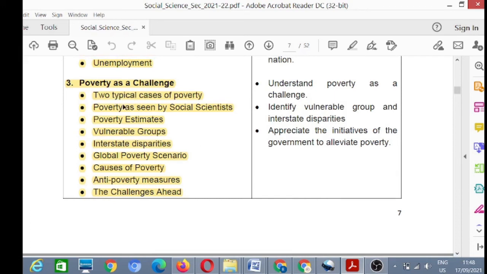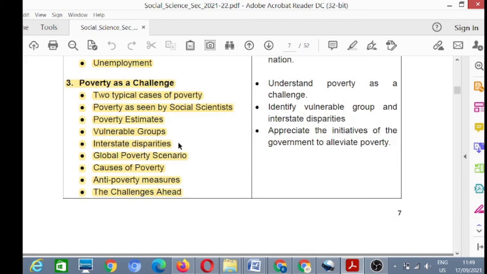Now the first topic here is two typical cases of poverty. Then poverty as seen by social scientists. Then poverty estimates, that means mathematical estimates of poverty. Then vulnerable groups who are affected by poverty. Then interstate disparity.